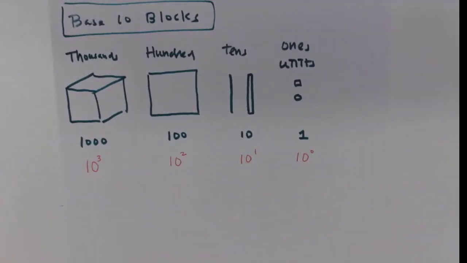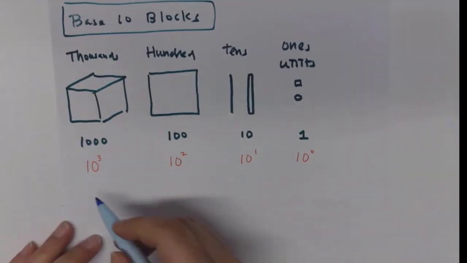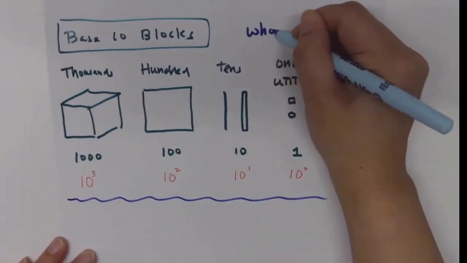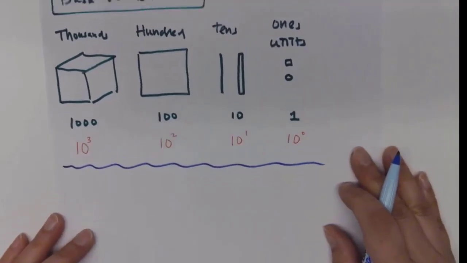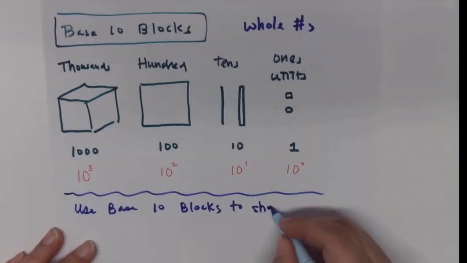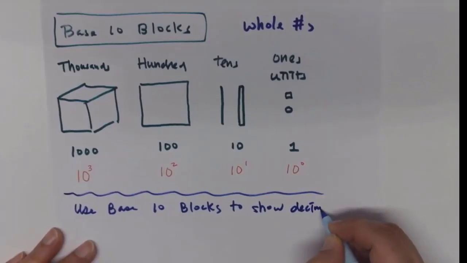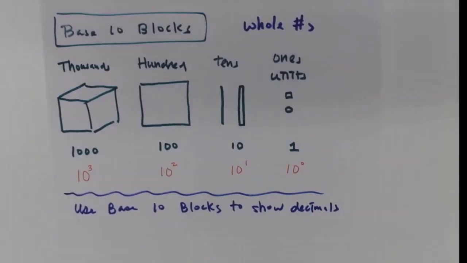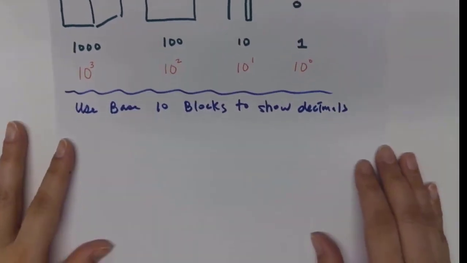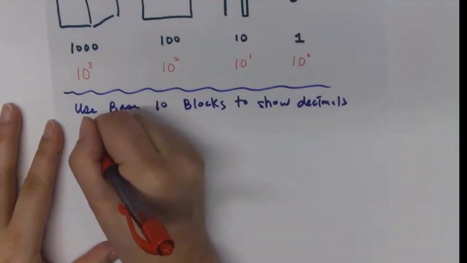That's whole numbers, but now we are moving on to decimals, right? For decimals, how do we use base 10 blocks to represent a decimal number? Those are for whole numbers. If we use base 10 blocks to represent a decimal number, there is one very important thing we need to do. What is that? We need to define the units.